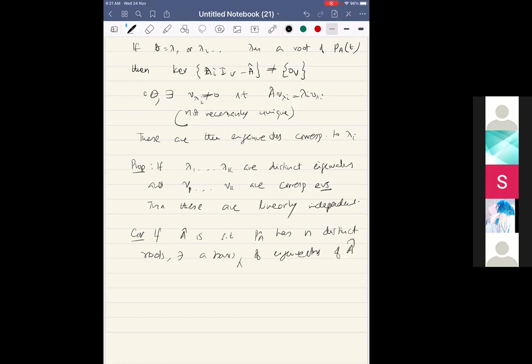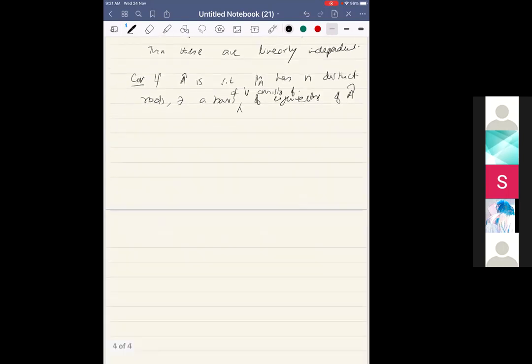So there exists a basis of V consisting of eigenvectors. This is more or less what we did in the last lecture, and today we are just going to do examples. But there's a lot to unpack in the examples.